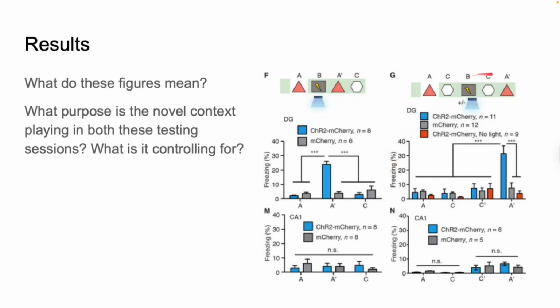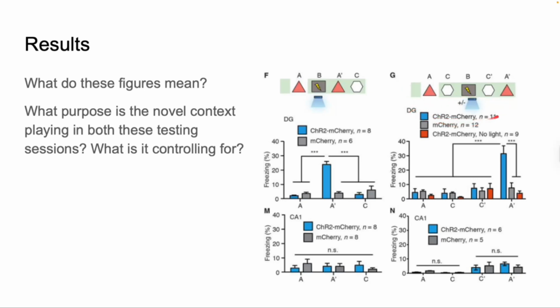So here they add C before they put them back in context A, just to make sure it's not just because that's the first context they were placed into after the pairing. But we can still see that the mice that were optogenetically reactivated had more freezing than when they were put in context C. So it can't be just because it's the first relevant context they were placed into after the pairing. It's because they were actually reactivating the neurons that were coding for context A.